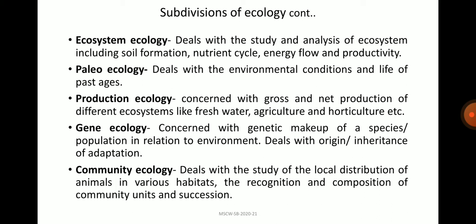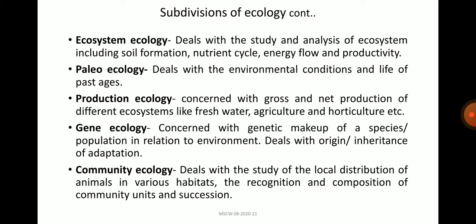Paleoecology deals with environmental conditions and life of past ages. Production ecology is concerned with gross and net production of different ecosystems like the freshwater ecosystem, marine ecosystem, agriculture, horticulture, etc.